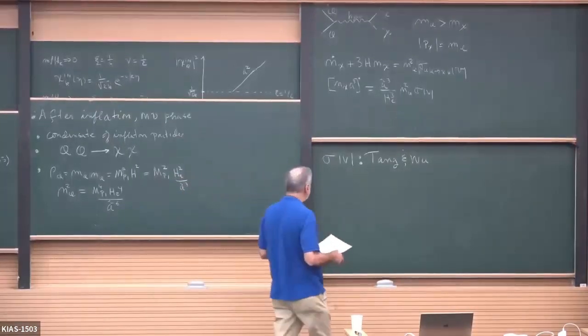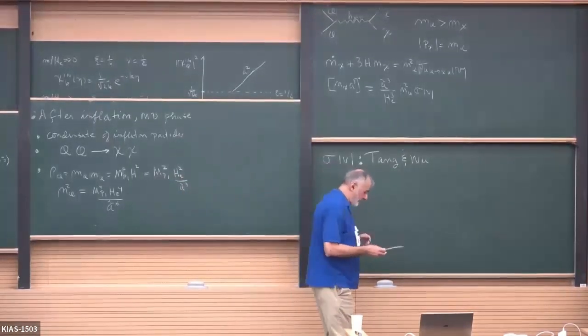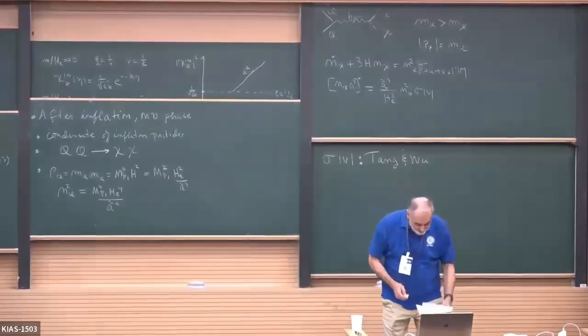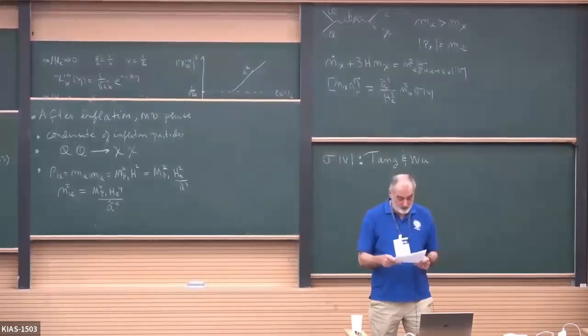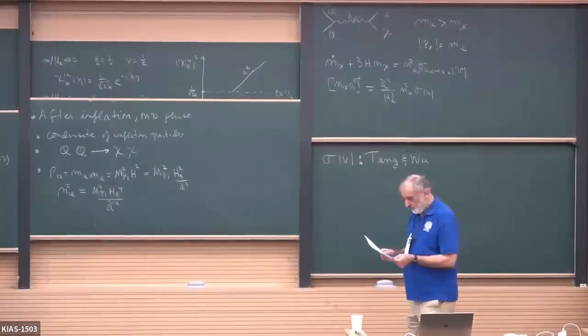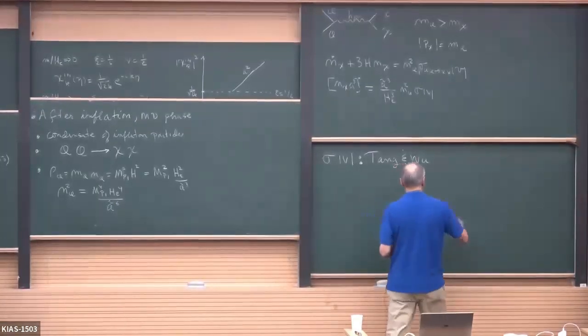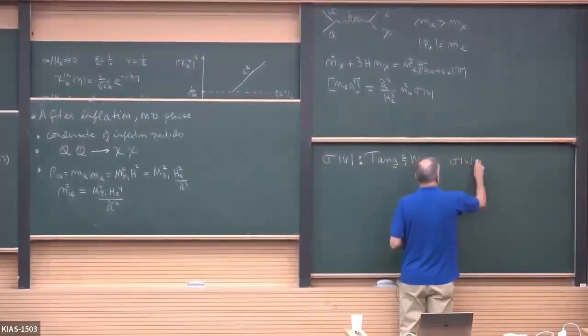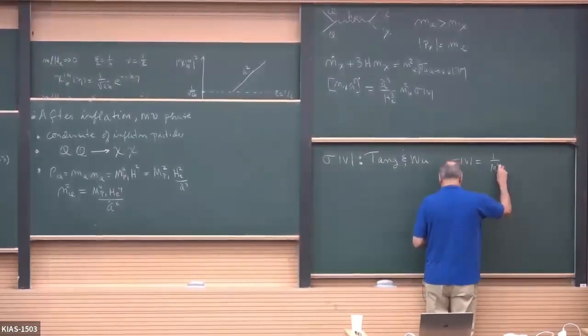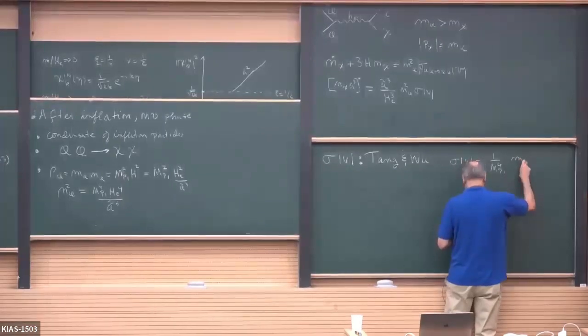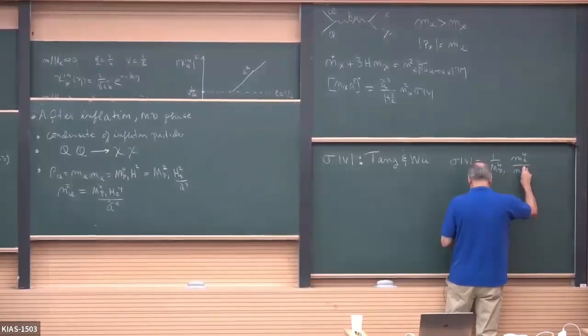So the cross section was calculated by the Wu-Tang Clan, and it depends on whether it's conformally coupled or minimally coupled. And for the minimal coupling case, sorry?